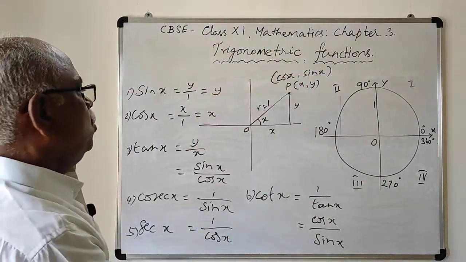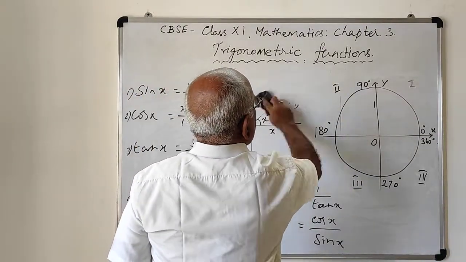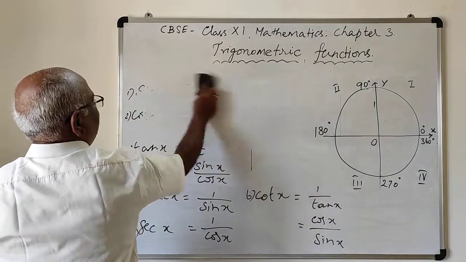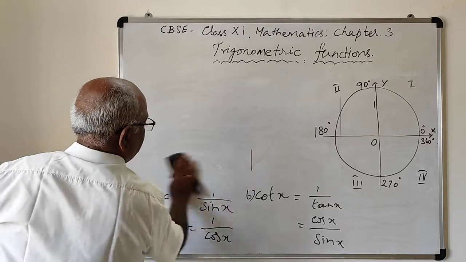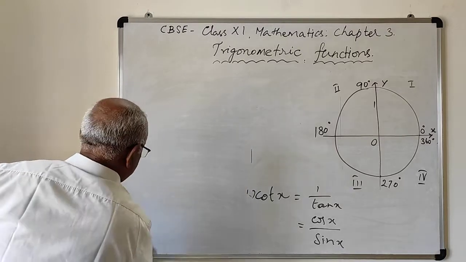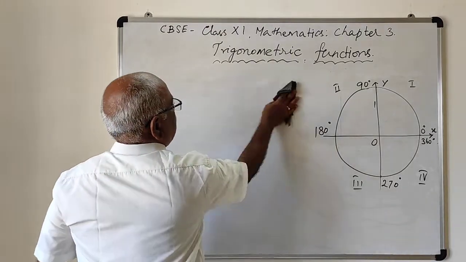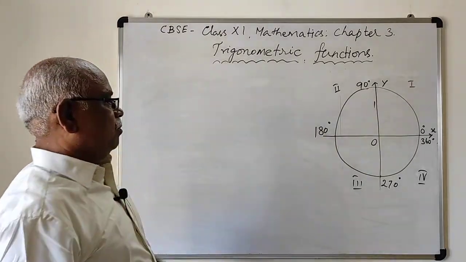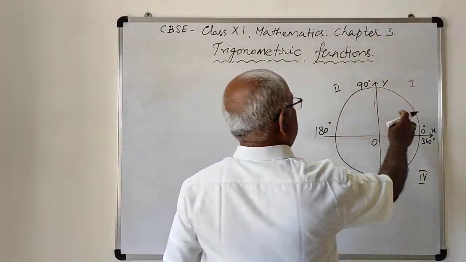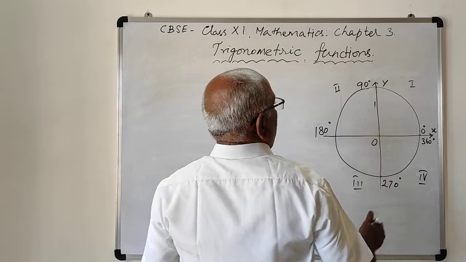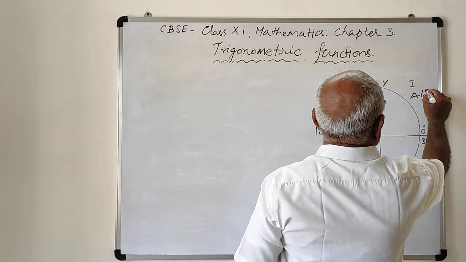Next, coming to the quadrant system. I will define the quadrant system. Coordinate system, that is unit circle, center is origin, then this is first quadrant. In this first quadrant, all the trigonometric ratios are positive.